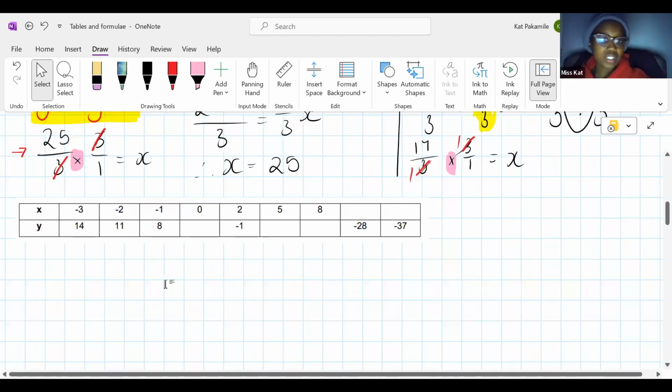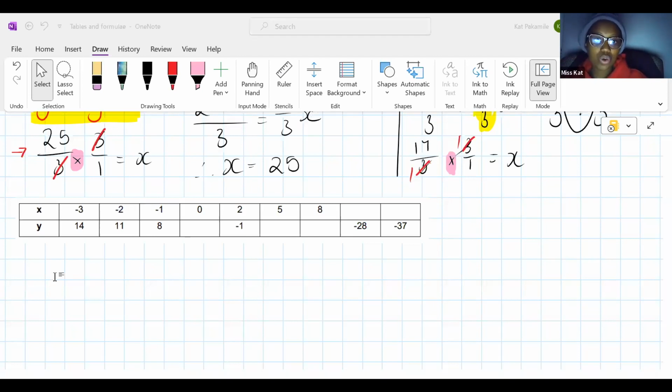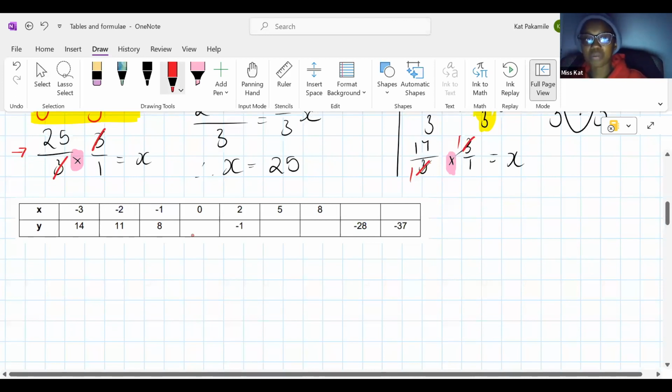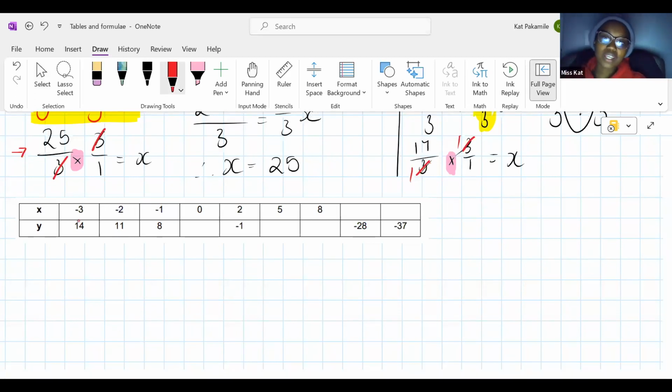Okay, so we have -3, -2, -1, 0. At least these are consecutive numbers, which means they're right next to each other. So how do I get from 14 to 11? We first need to find our multiplier. We need to find the number that we're going to multiply with. So we find it by saying, how do I get from 14 to 11?